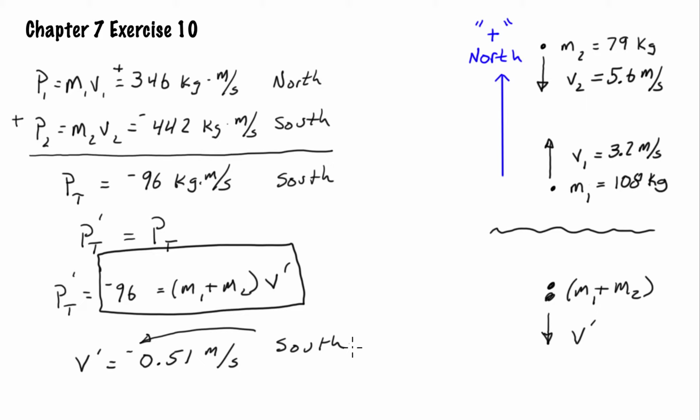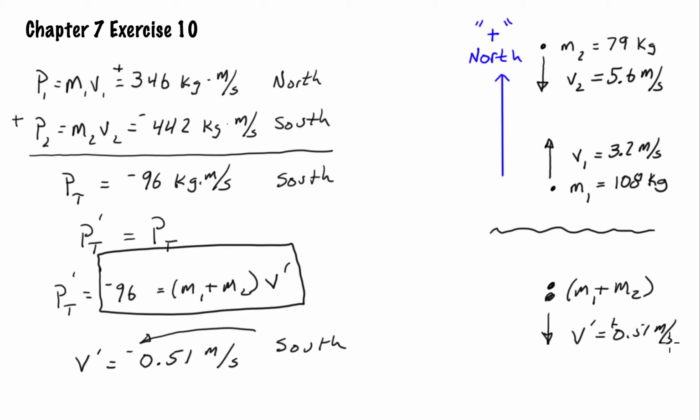So that concludes the problem that the book wanted us to figure out, but I would like to add a little bit more here. What I'd like to add is an exploration of how the momentum of each of the players individually changed as a result of this impact.